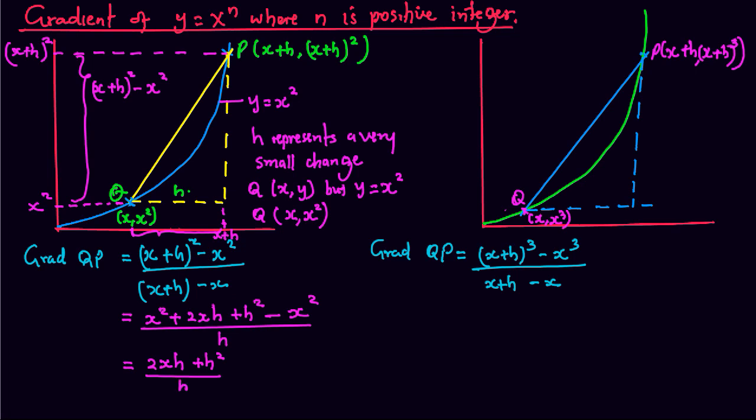Now, as h tends to 0, gradient QP will be equal to 2x.